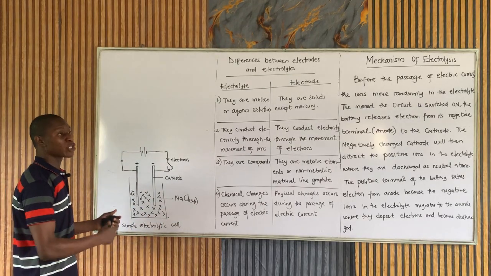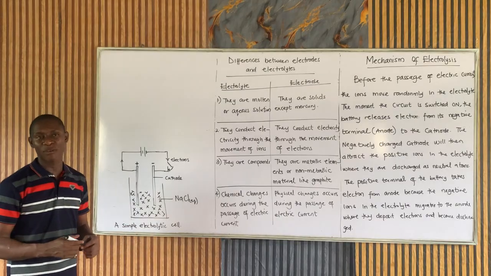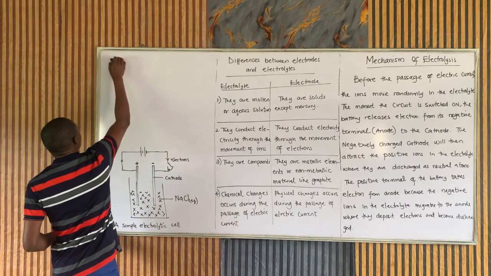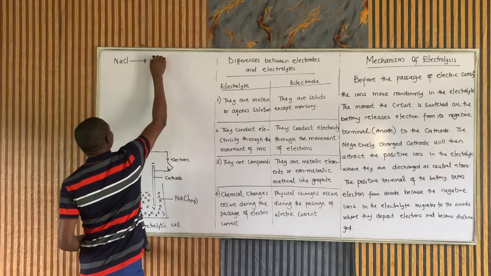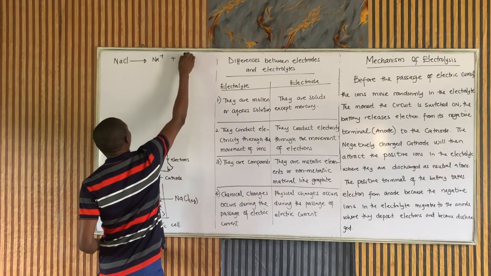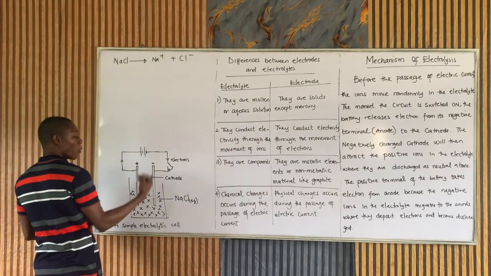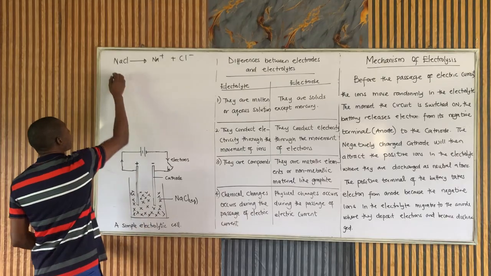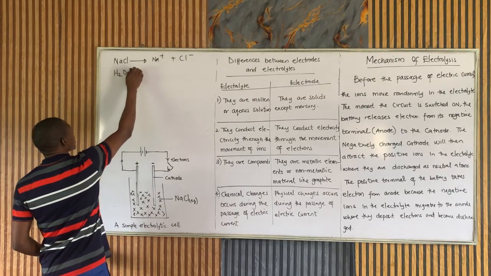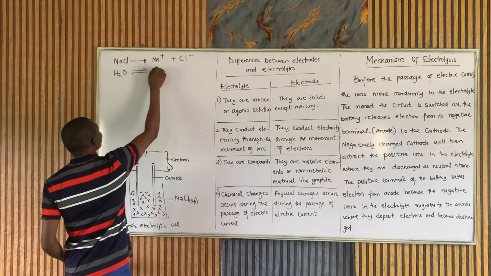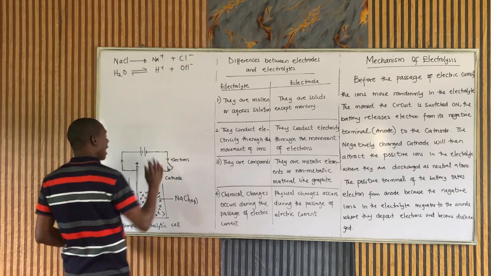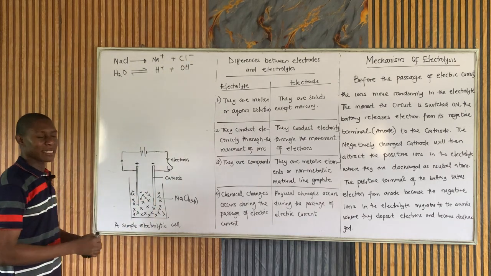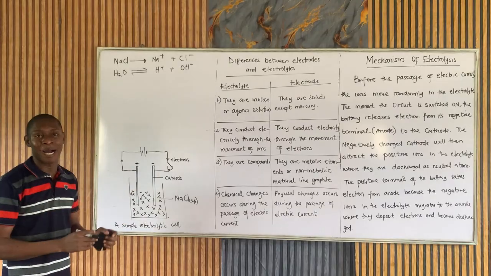What ions are moving randomly? For aqueous sodium chloride, there is sodium ion and chloride ion, but since it was dissolved in water, water also would ionize, though partially, as hydrogen ion and hydroxide ion. So there are 4 ions in this electrolyte moving randomly.